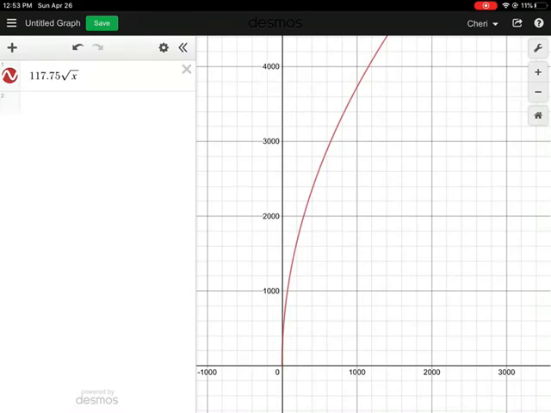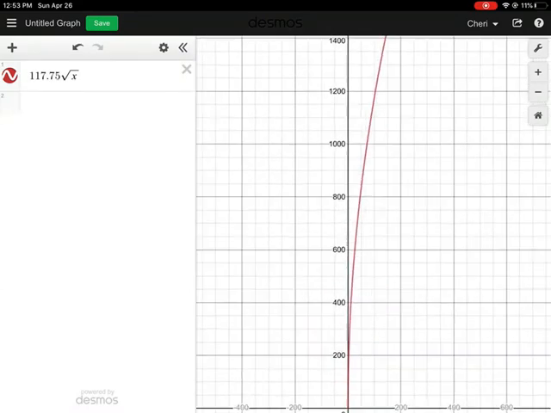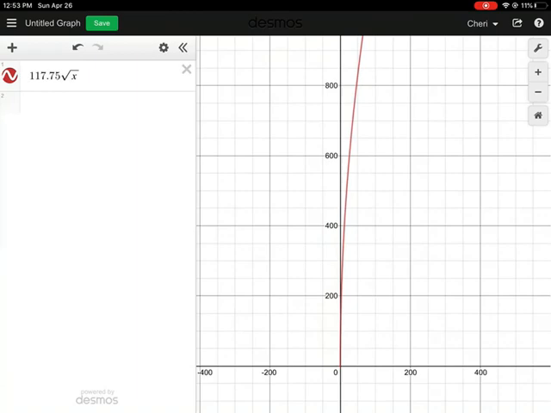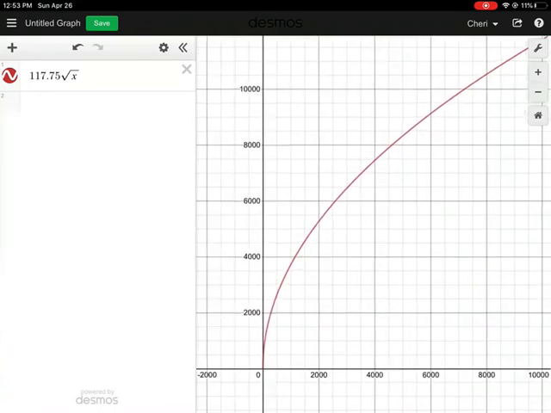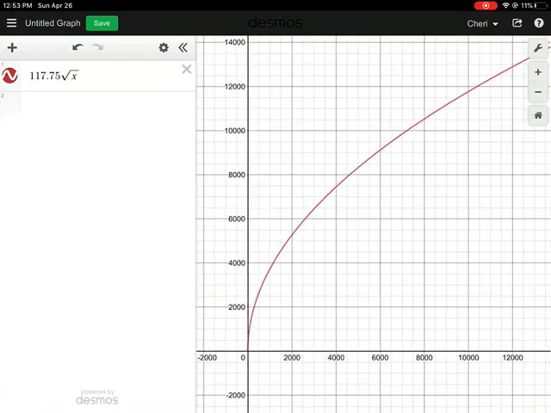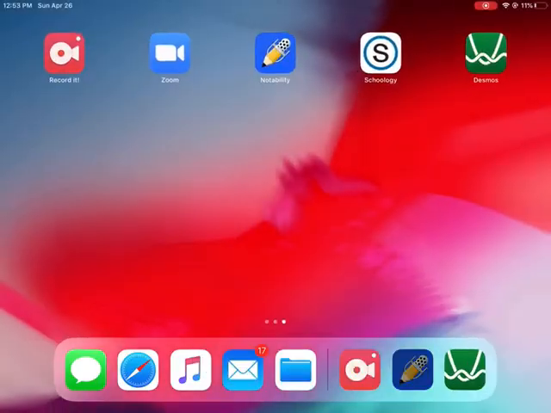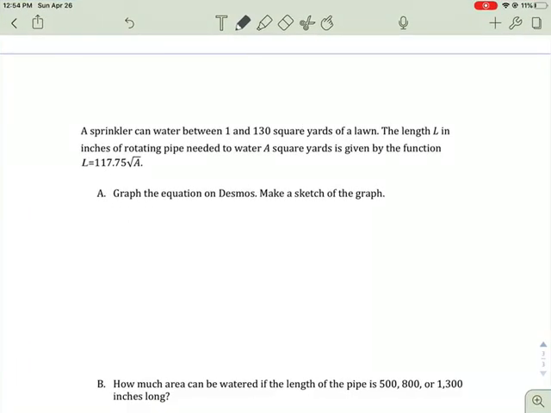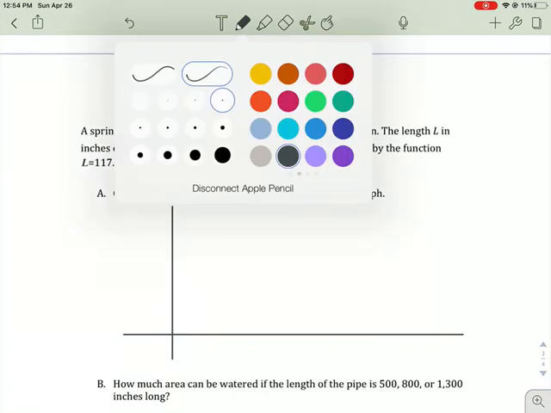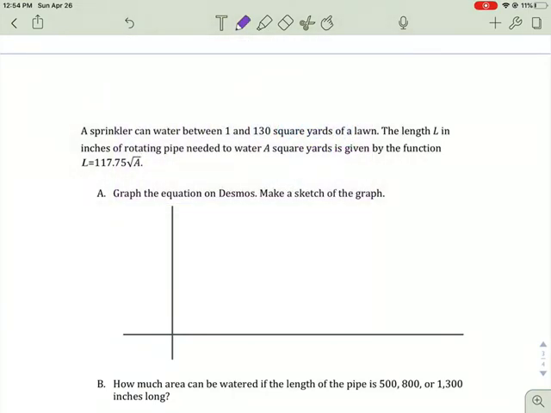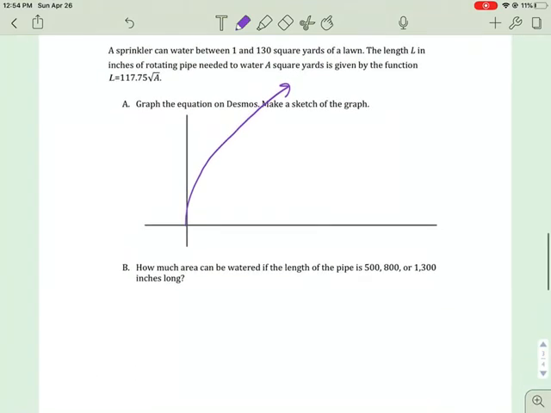It doesn't move away from the x-axis or y-axis until we get to about 500. So you start seeing it move away from the x-axis. It is a very stretched out graph. So we're just going to sketch that here. It's very close to the x-axis and then eventually moves like this.